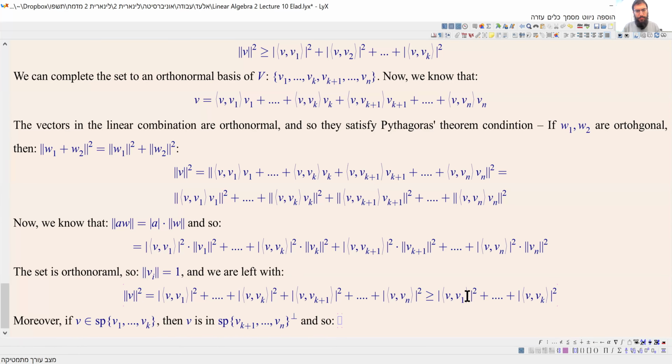So all these inner products are just zeros, because the inner products of V with Vk plus 1, Vk plus 2, and so on until Vn are just 0. So we do have an equality.